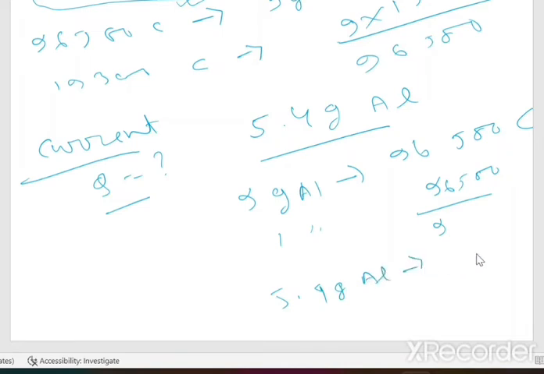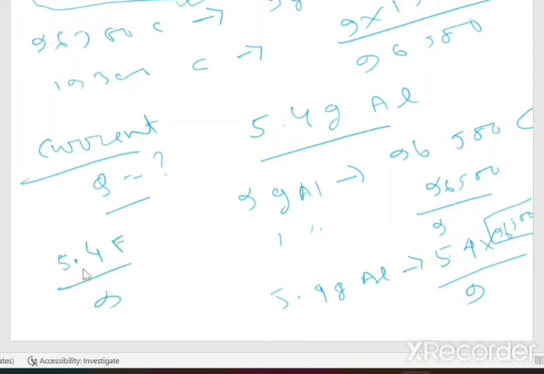To deposit 5.4 gram we need 5.4 into 96500 coulomb, or if it is in Faraday then you just write Faraday instead of 96500: 5.4 Faraday divided by 9. So 5.4 by 9 means 0.6. Okay, so we need 0.6 Faraday.